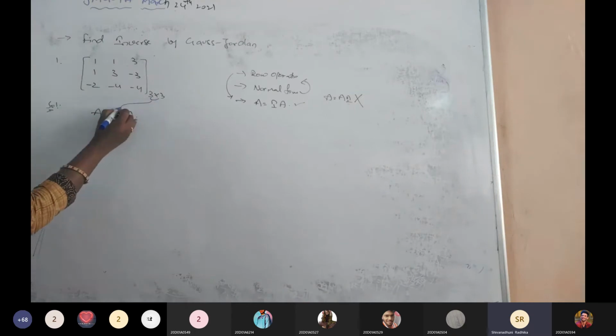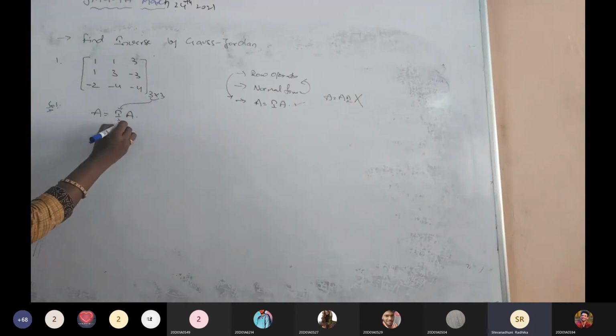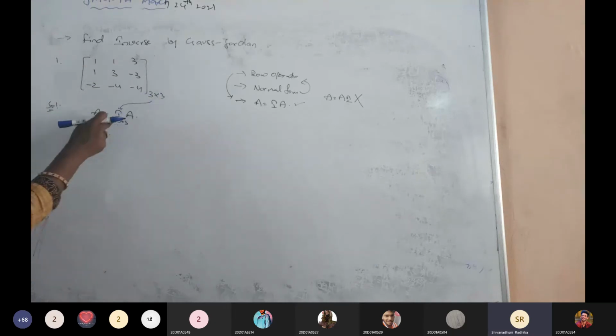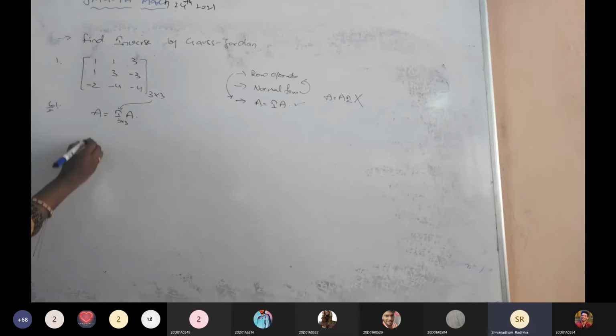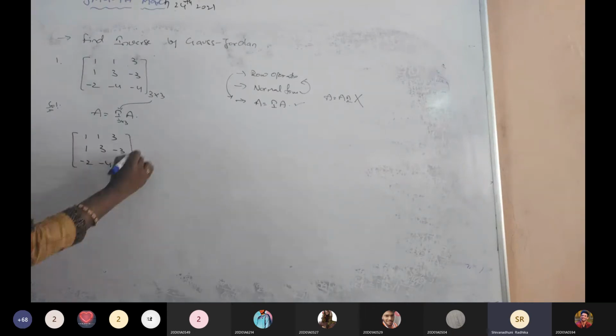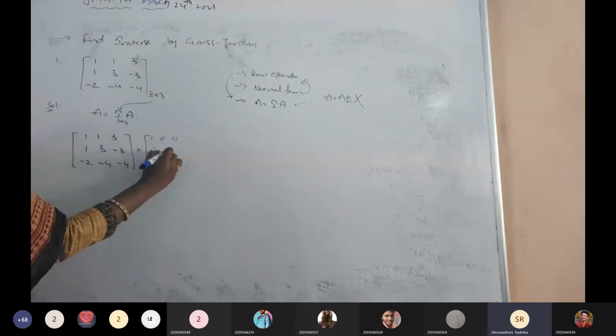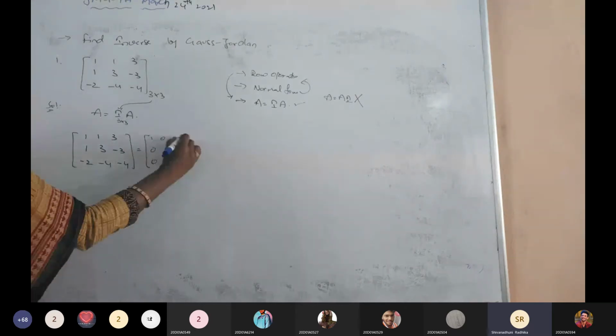The number of rows equals the identity matrix order, so that is 3 by 3, a square matrix. So what is capital A here? The given matrix 1, 1, 3, 1, 3, minus 3, minus 2, minus 4, minus 4, which equals I3, that is 1, 0, 0, 0, 1, 0, 0, 0, 1. Is it clear?